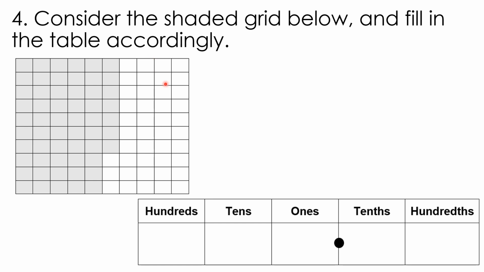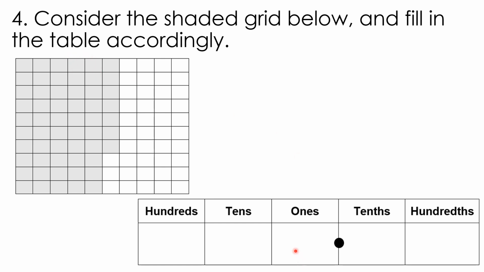Here we have sort of like a flat. This is called a grid here, and it has been partially shaded in. So this is not completely shaded in, so that means it's less than 1. Remember, if it's all shaded in, that would be a flat, and that would be a 1. But it is not all the way shaded in, so think of these as each little column is like a rod. So we've got 1, 2, 3, 4, 5 rods.